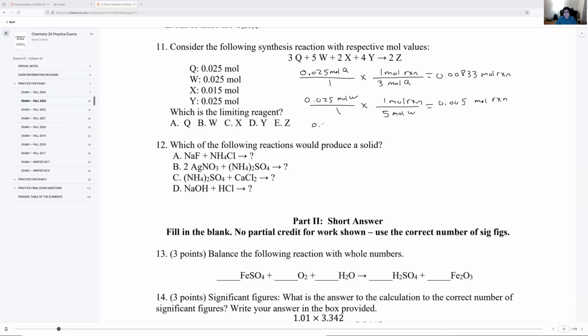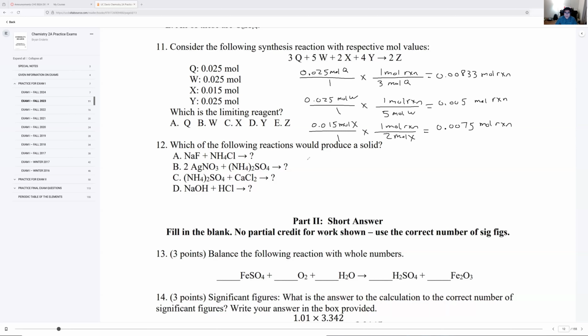And for X, I mean, all these are going to be the same. Moles X, mole reaction, 2 moles of X, 0.0075.